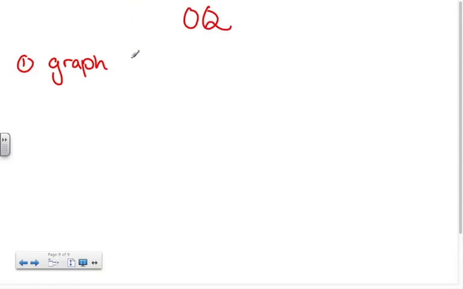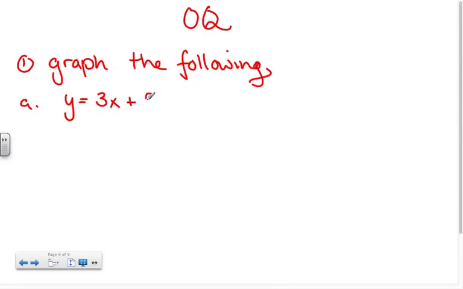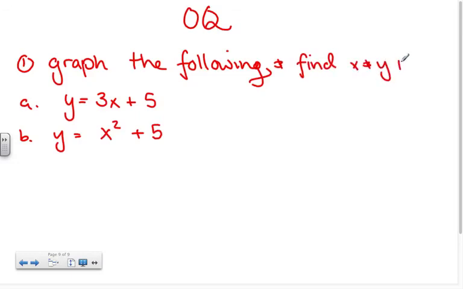Graph the following. And then I want you to find the x and y intercepts for these equations.